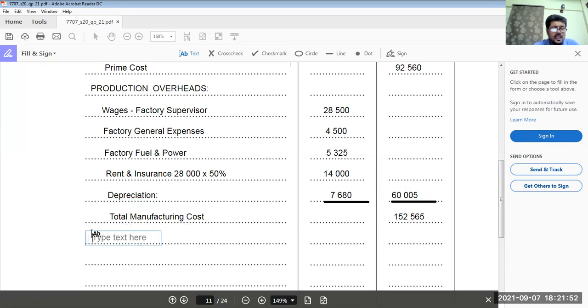What do we have to do? We have to add work in process inventory.